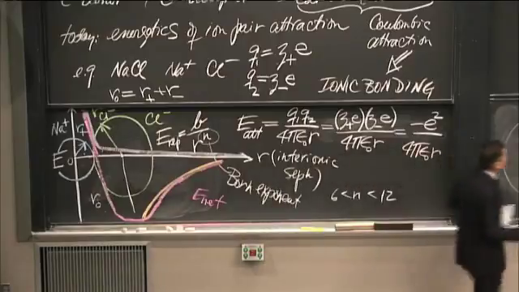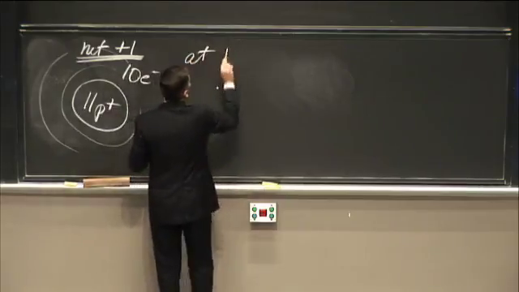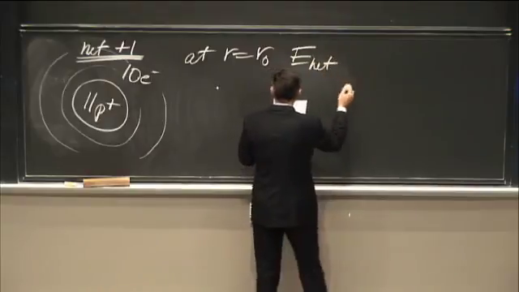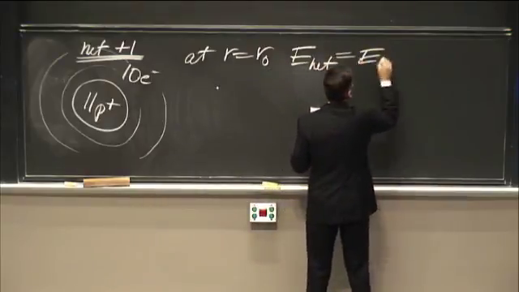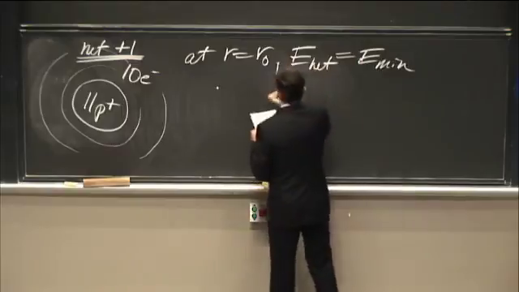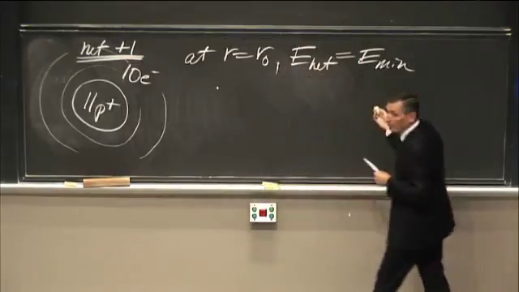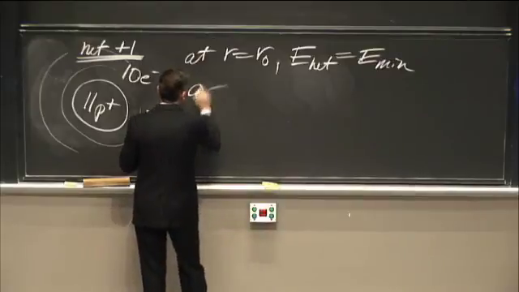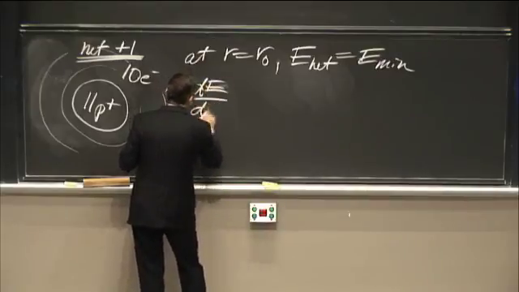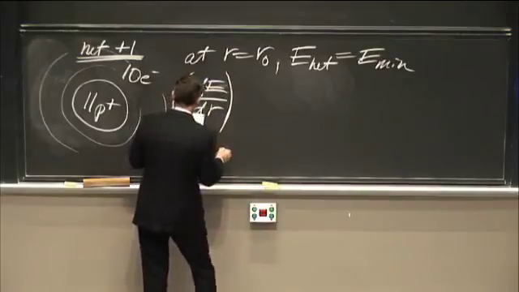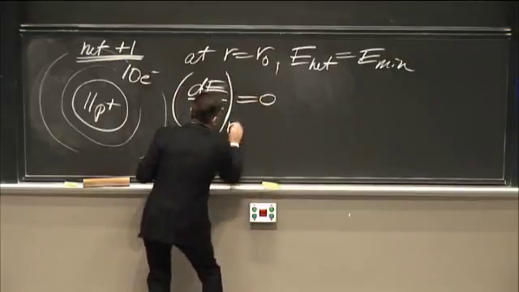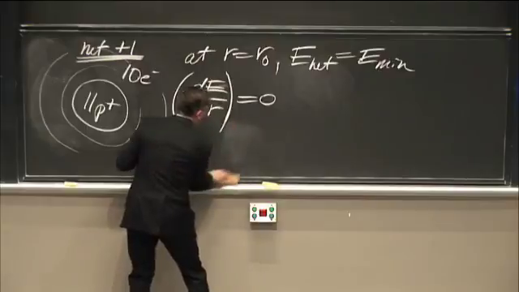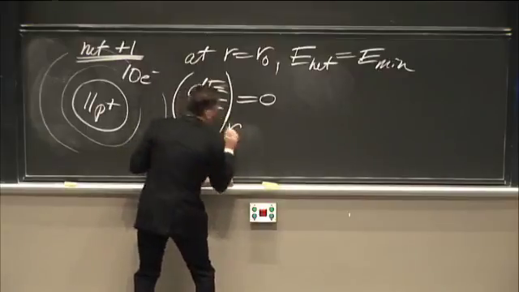At r equals r naught, E net is equal to its minimum value. So how do you find a minimum in a function? You take the derivative. We're going to put some math to work here. So we'll take dE by dr and set it equal to 0. And the value of r at which it equals 0 is termed r naught.